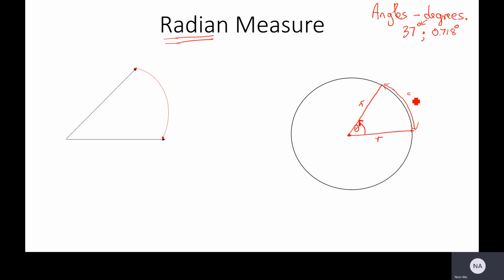I'm going to use the letter S for that length, which is known as the arc length of a circle. Of course, you get a circumference of the circle. A portion of the circumference is an arc. We know what an arc is. That's simply an arc, like that.